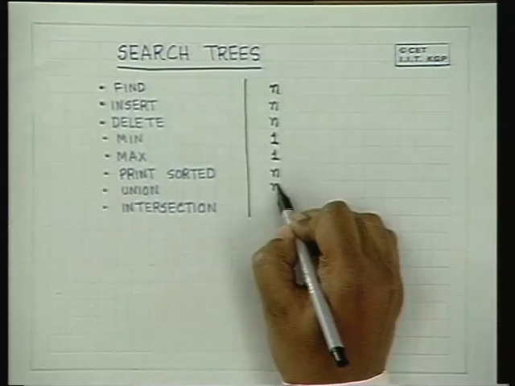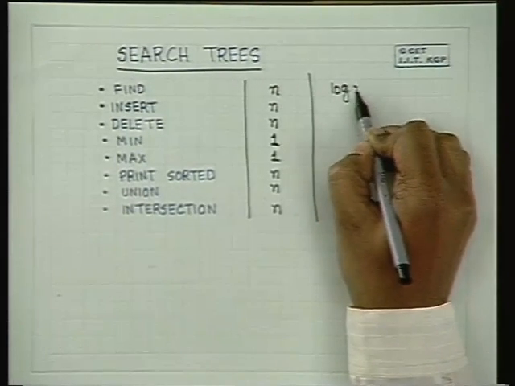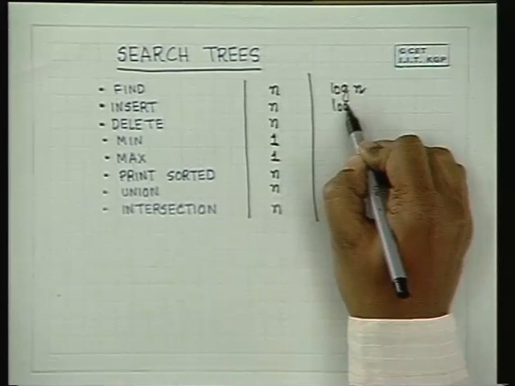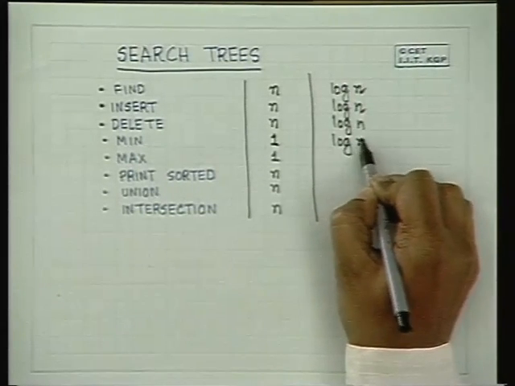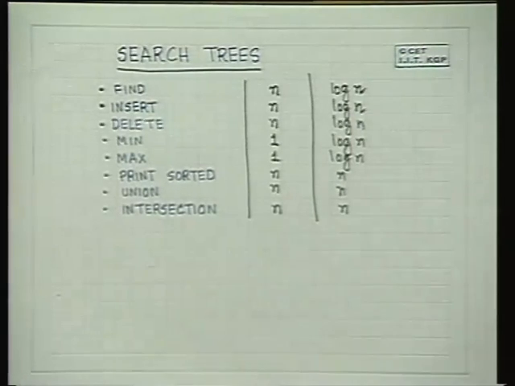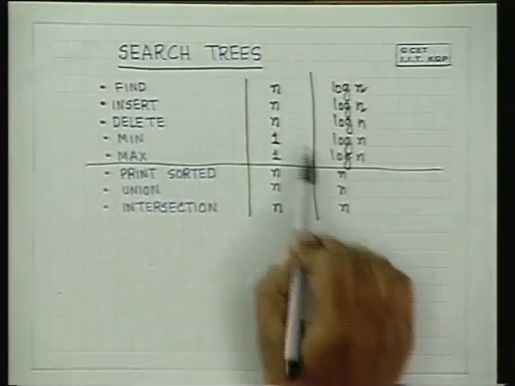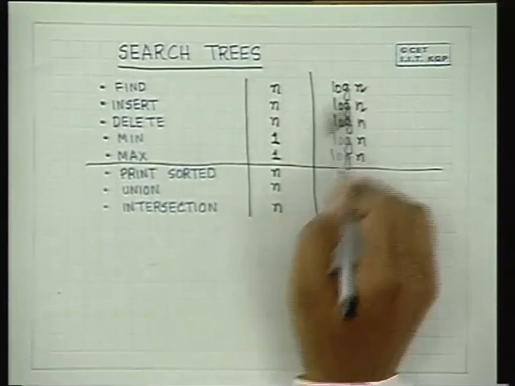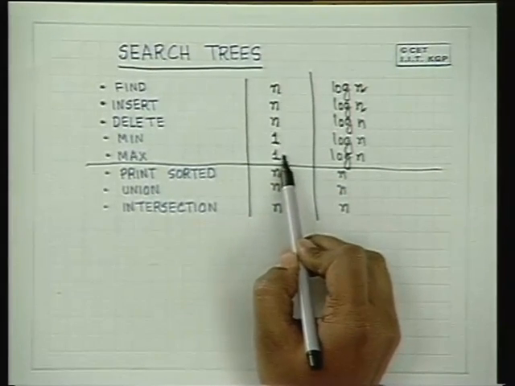Here we are trying to say we may get it like this. And if these operations are equal, we have reduced the worst case here in many problems to log n, but we have increased some of them.